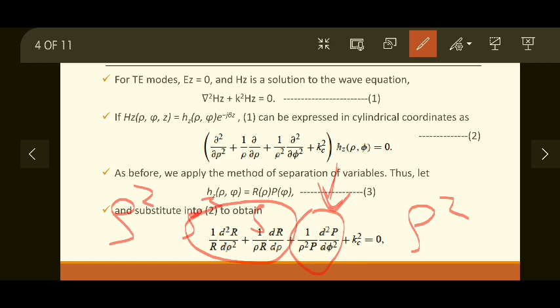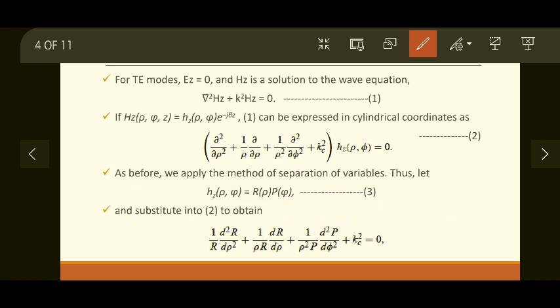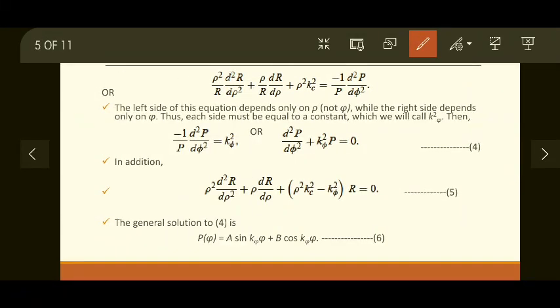Okay, so multiplying this equation by rho square on both sides and rearranging it, we will get rho square upon R d2R by d rho square, plus rho upon R dR by d rho, plus rho square kc square is equal to, now I have taken the left hand side onto the right hand side, 1 minus 1 upon P d2P upon d phi square.